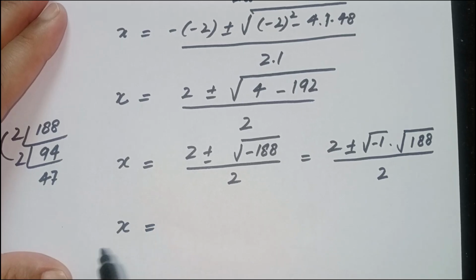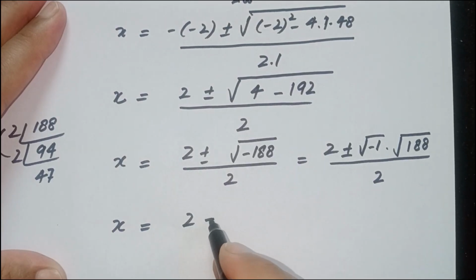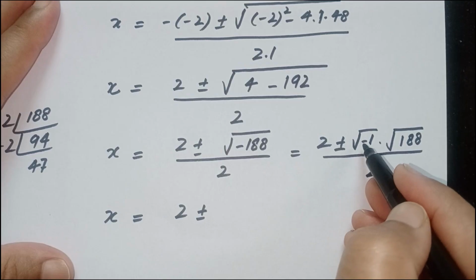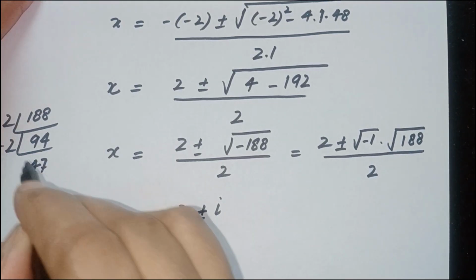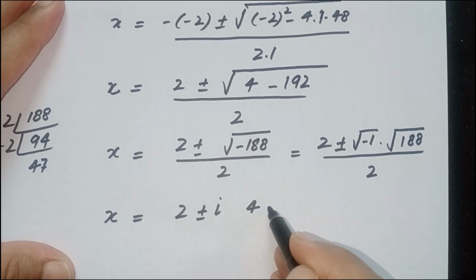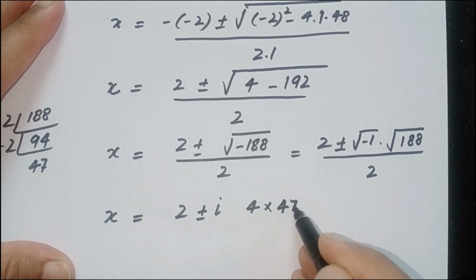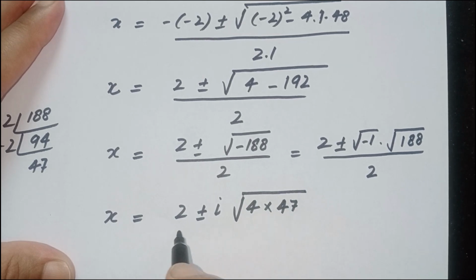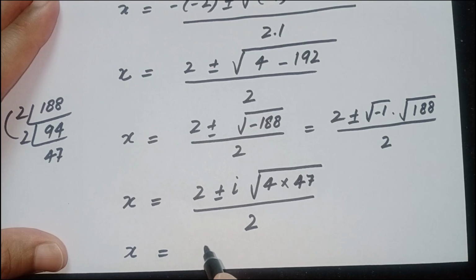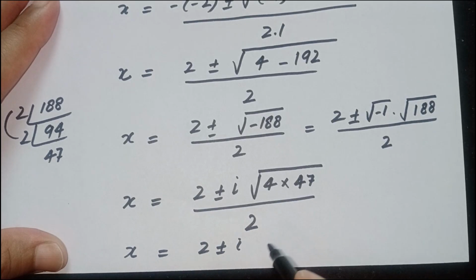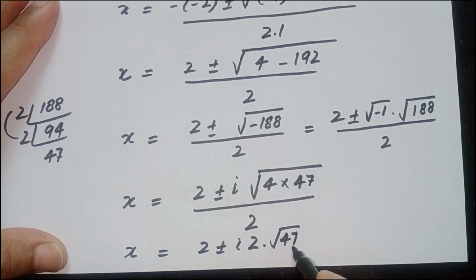So we have x is equal to 2 plus or minus square root of minus 1 is i, and square root 188 is square root of 4 times 47, over 2. So x is equal to 2 plus or minus i, square root of 4 is 2, times square root 47, over 2.